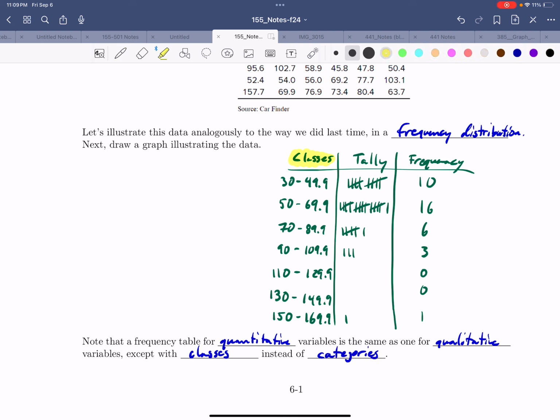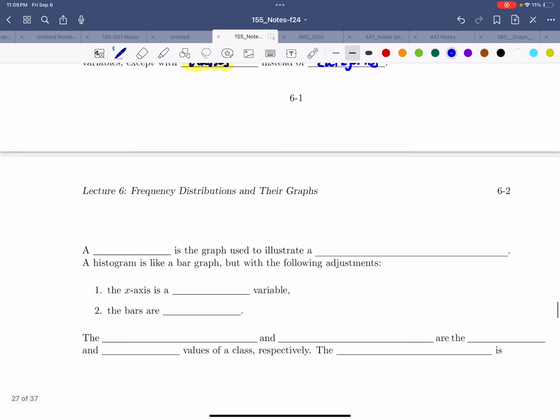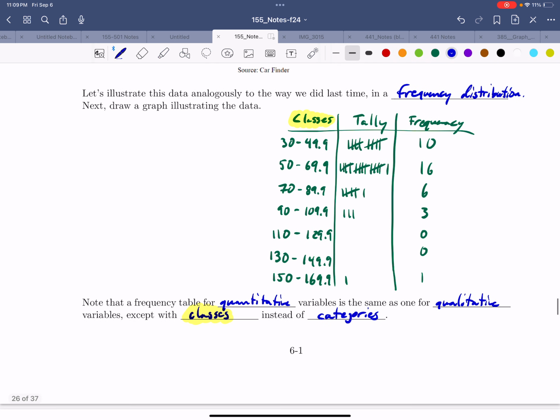Right? We see classes is highlighted in yellow, right? So what we're going to do is we're going to use this table to then draw a graph. I'll do the graph on the next page, though.